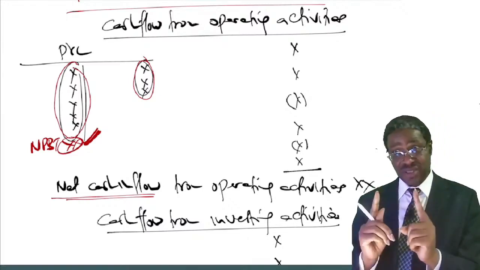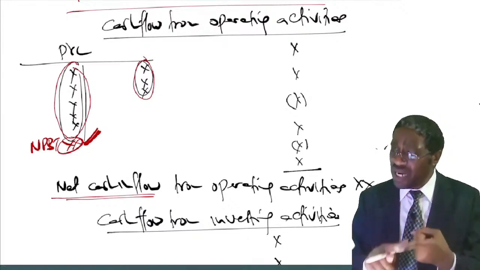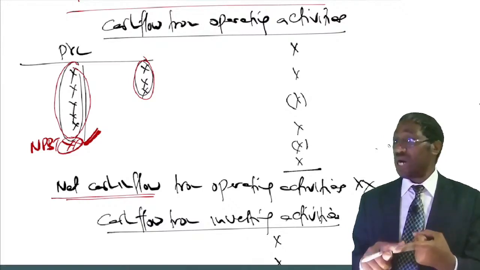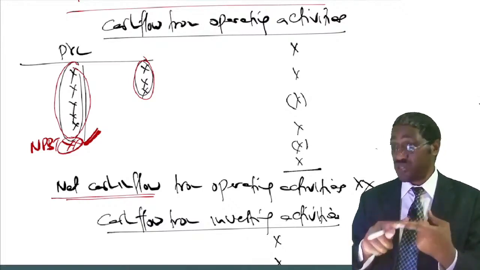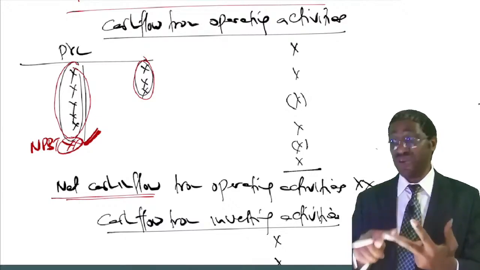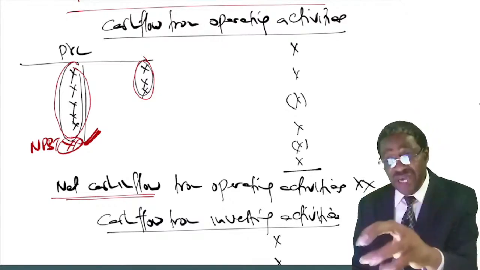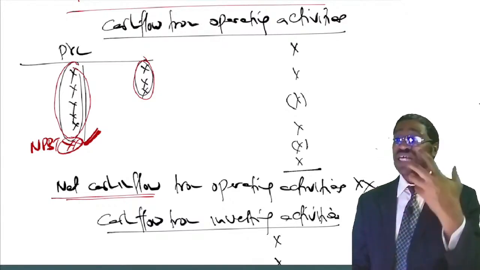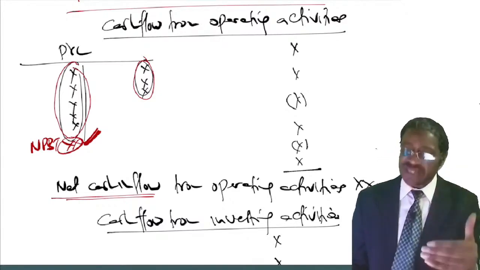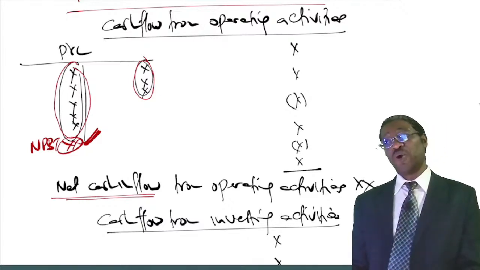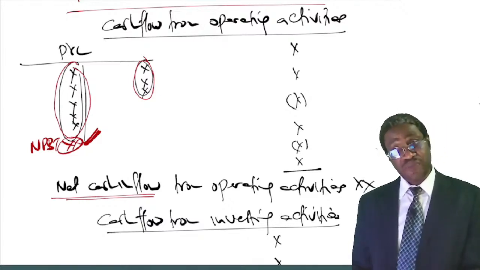If everything in the income statement was by cash, either expenses or revenues and gains, then you could pick the net profit and classify it as your net cash inflow from operating activities.